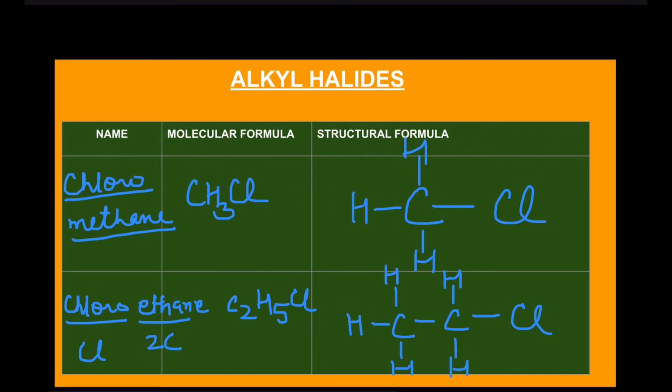For example, if you take chloropropane, let me give you a little hint that 3 carbons will be there, and on this please attach Cl. Otherwise you will have to tell the number of the carbon also on which it is attached. Try to keep it at the side of the chain, at the end of the chain.